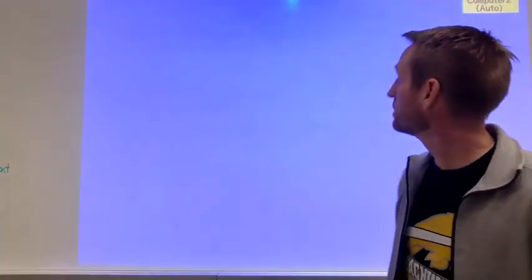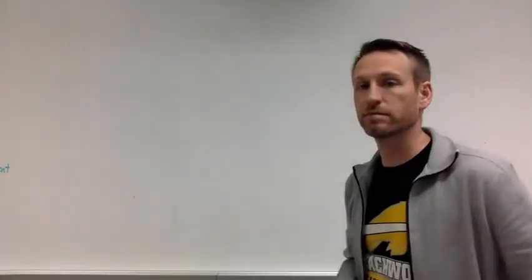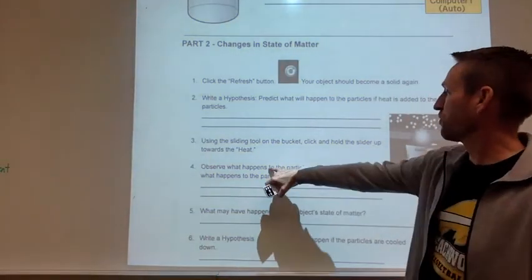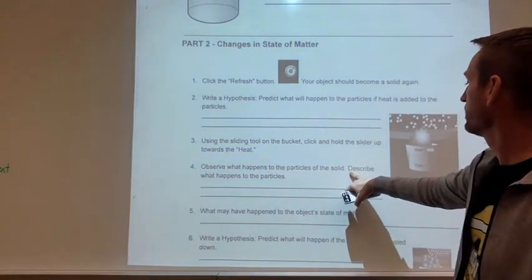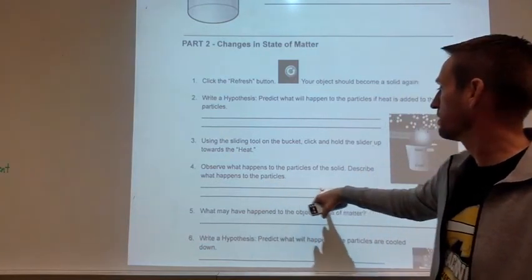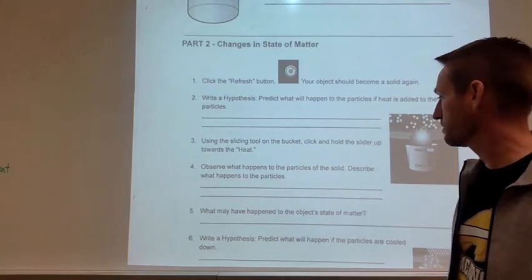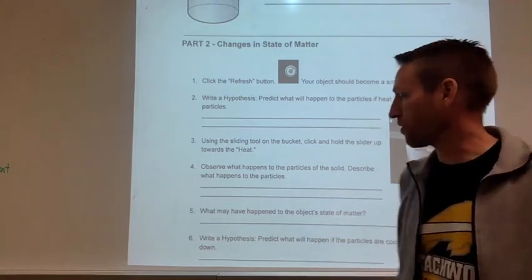Oh, sorry. Let me get this back up here. There you go. Observe what happens to the particles of a solid. Describe what happens to those particles. As you watch it and describe it, there are some other questions to answer.